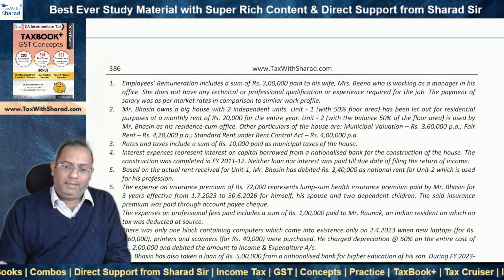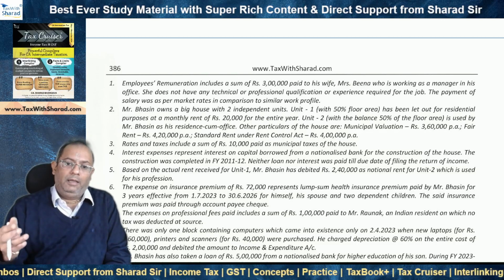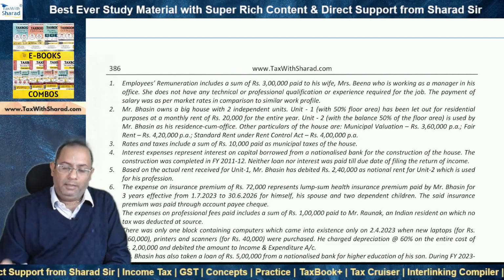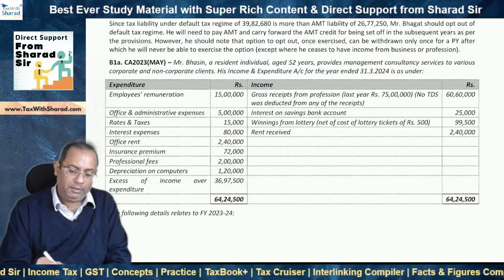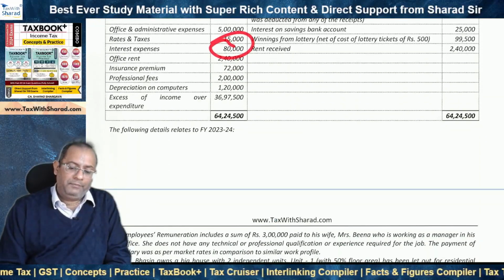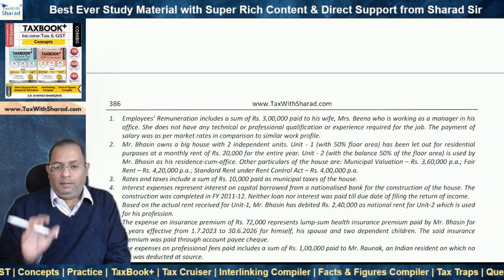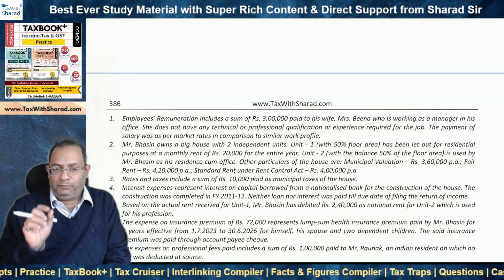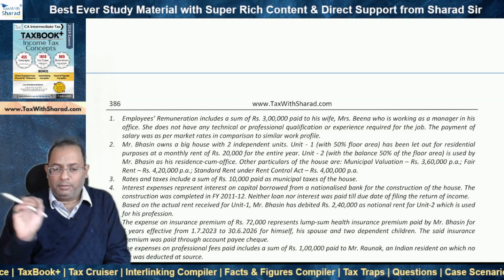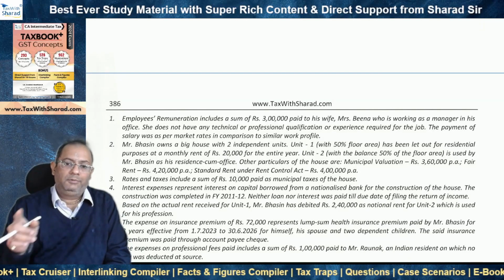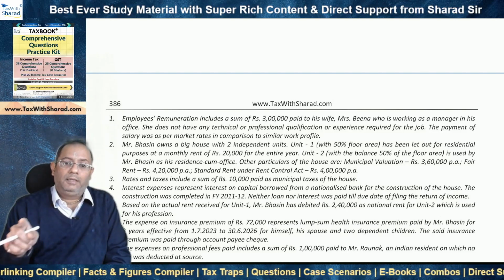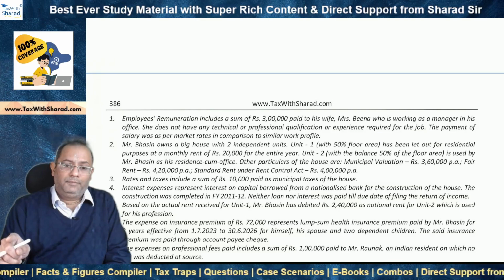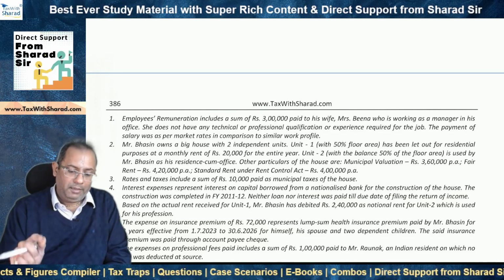And therefore the interest will be allowed as a deduction in computing PGBP income. Right? And interest was, as we noted above, 80,000. So 1/4 portion we assumed is used for office. So 1/4 of 80,000 becomes 20,000. So 20,000 of interest will be allowed as a deduction under the head PGBP while computing business income.